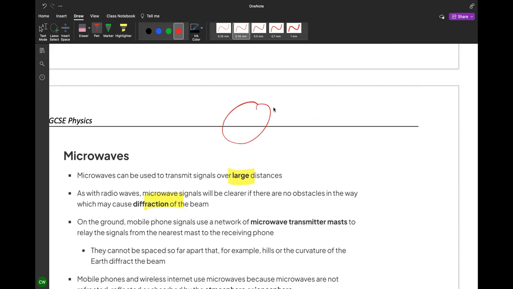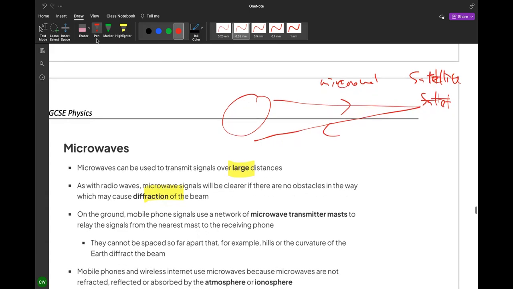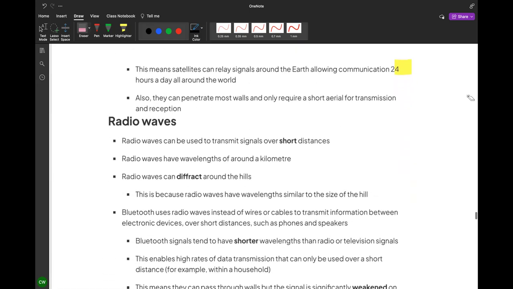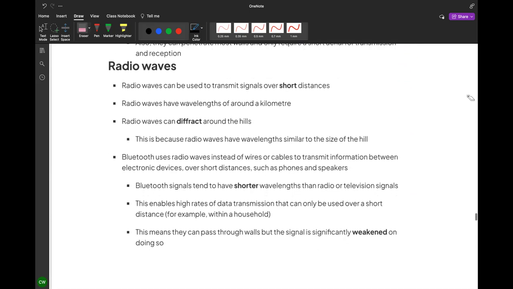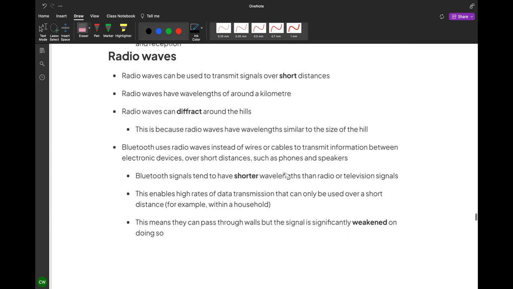Earth is here. You send the microwave and it can be reflected back. Microwave can reach a satellite, and a satellite can reach a satellite. Other things are not so important, just need to know which type it belongs to.